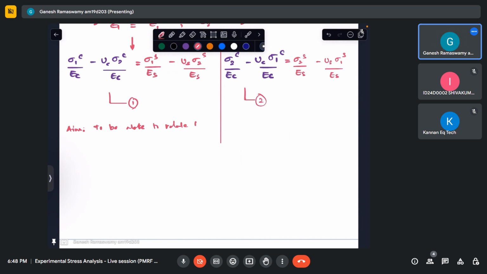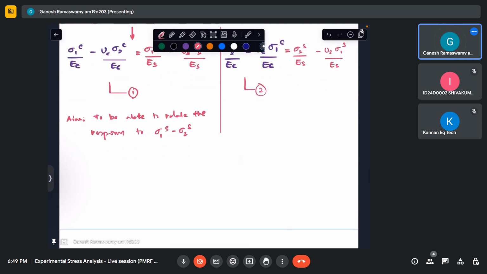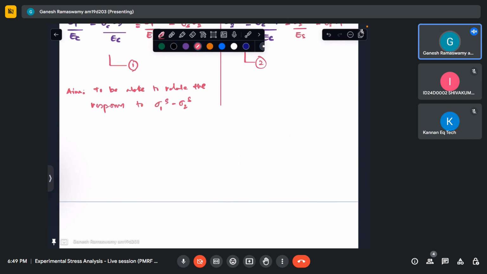That is our main focus, but we have to go through the strain route because we are going for a coating material. So in order to eliminate this, I encourage you to work it out later, but for the sake of time and brevity, I'll take the faster route. What I can do is add equation 1 with mu c times equation 2. So what does this give me?